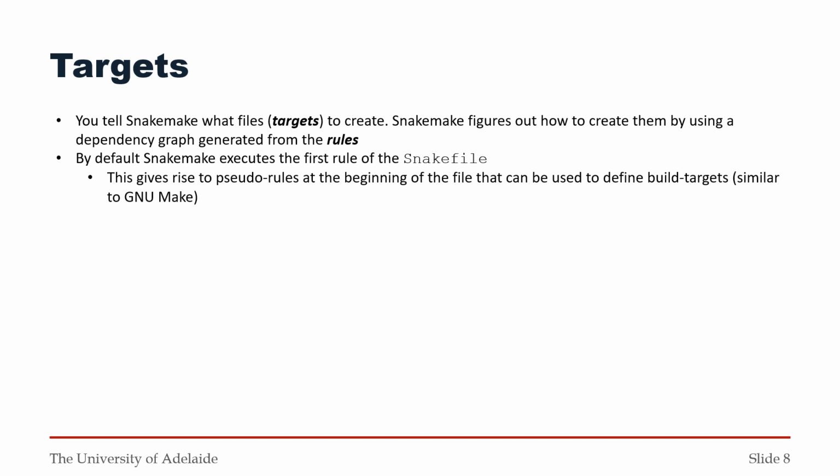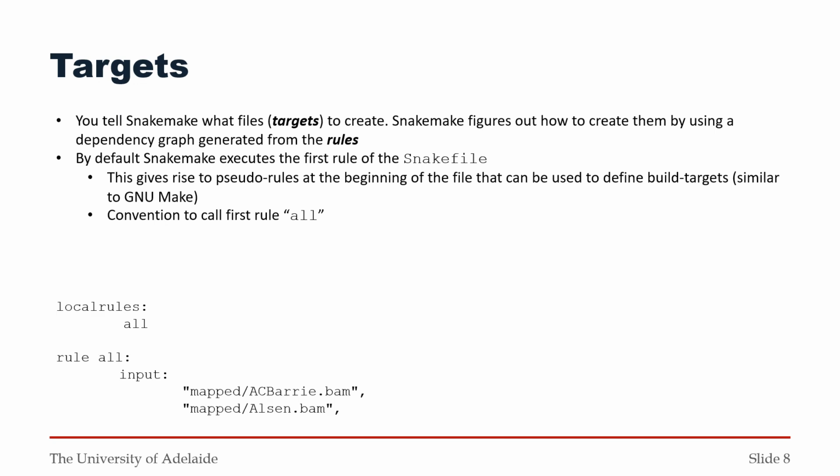So this gives rise to this pseudo rule at the start of a Snakefile that allows you to create a list of files or targets that you want to create. And this is usually conveniently called all, as in GNU Make as well. So for instance, this would be at the top of one of my Snakefiles.